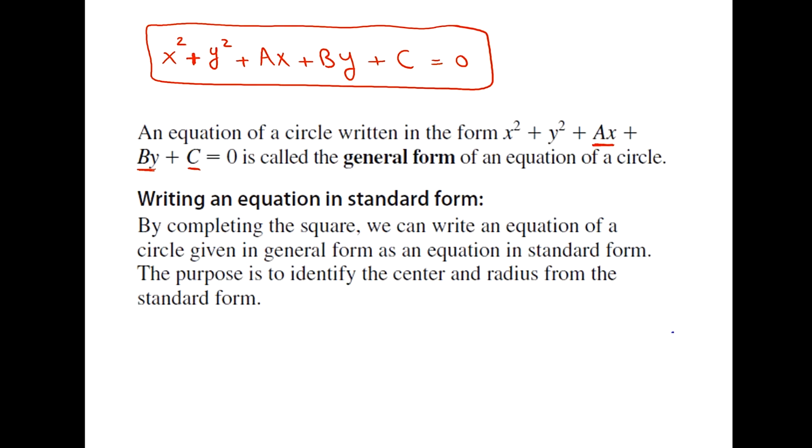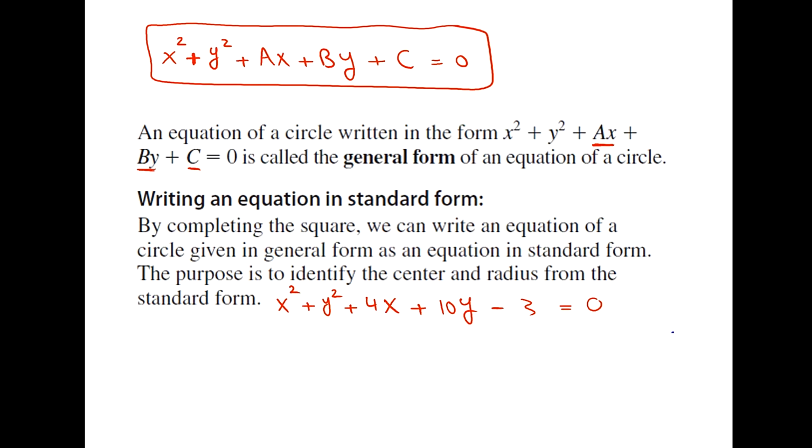For example, look at this. If we have x squared plus y squared plus, for example, 4x plus 10y plus c equal, for example, minus 3, equal 0.